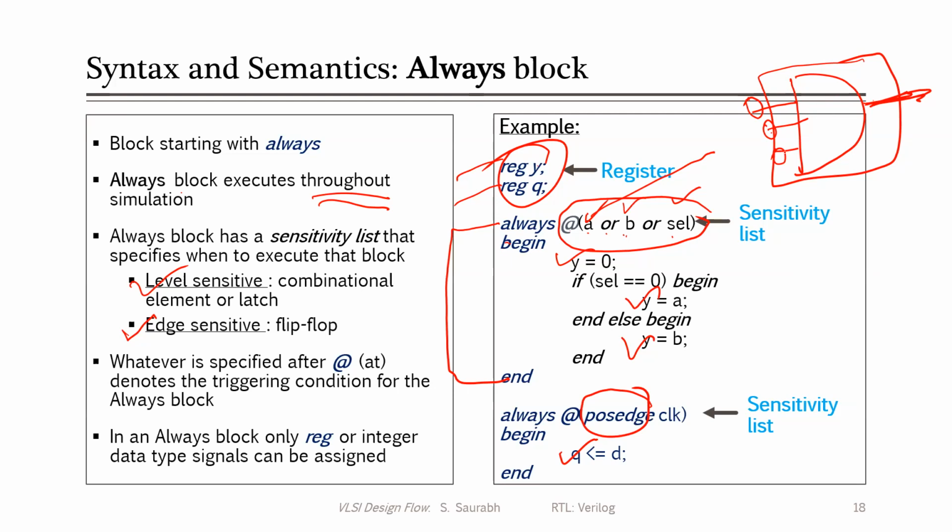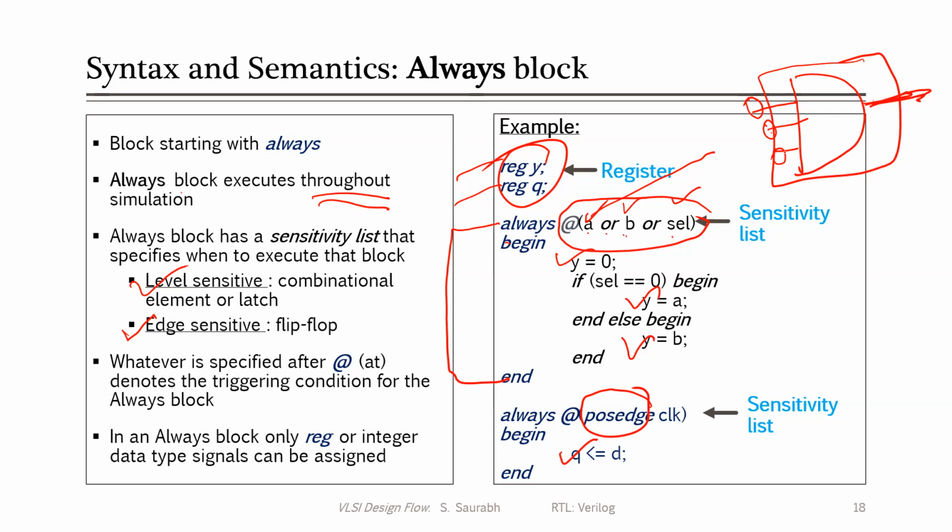To model this kind of behavior, you have to have something in your hardware model which captures the situation that it will compute always. Whenever the simulation is running, it is computing always, right? That kind of behavior is modeled using the always statement.